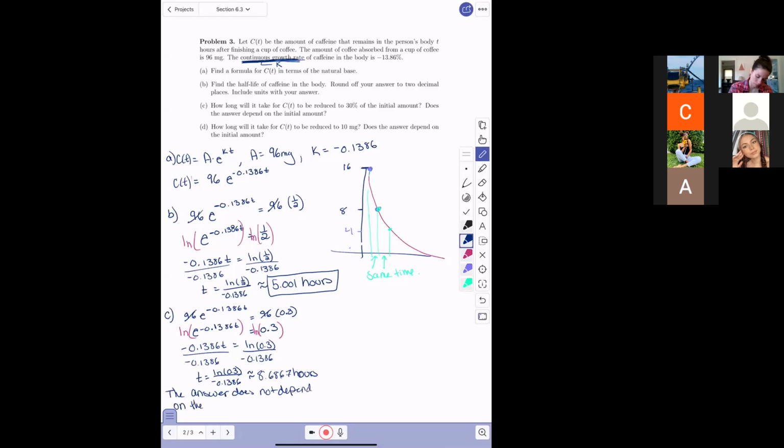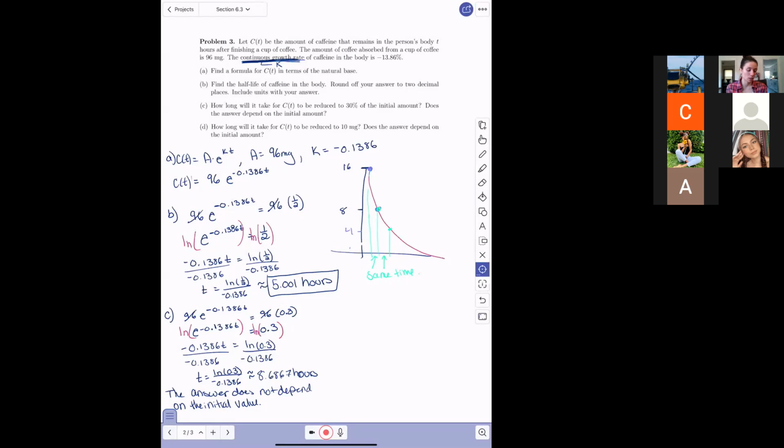Why wouldn't it depend on the initial value? Good. The reason it doesn't depend on the initial value is because we're finding a percentage, we're finding 30% of 96. So this right-hand side is 96 times 0.3.